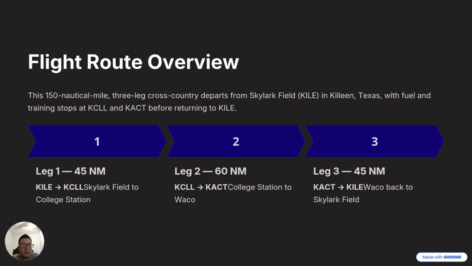Then stopping at College Station, then Waco, and then from Waco to Skylark Field. The first leg is about 45 nautical miles from Skylark Field to College Station. The second leg is about 60 nautical miles from College Station to Waco. The third leg is about 45 nautical miles as well, from Waco back to Skylark Field.